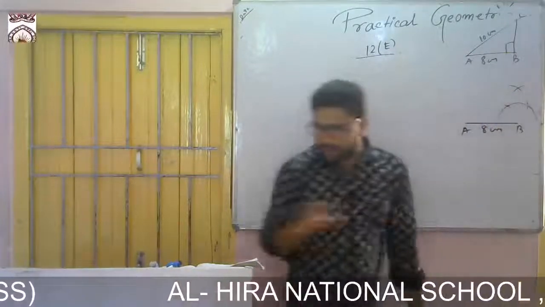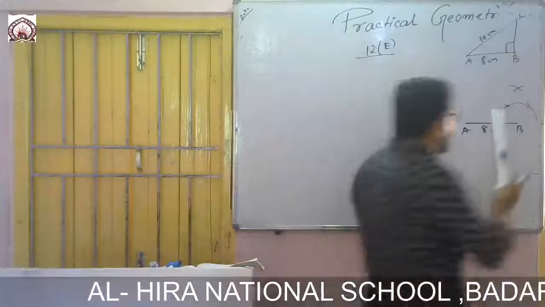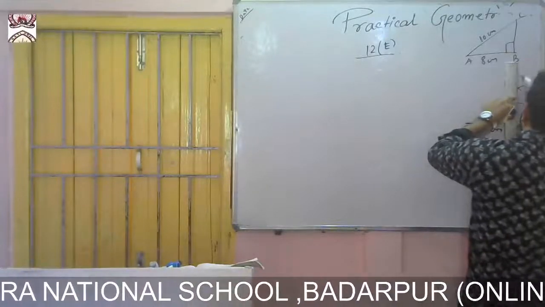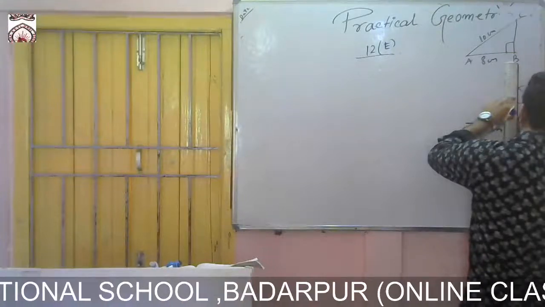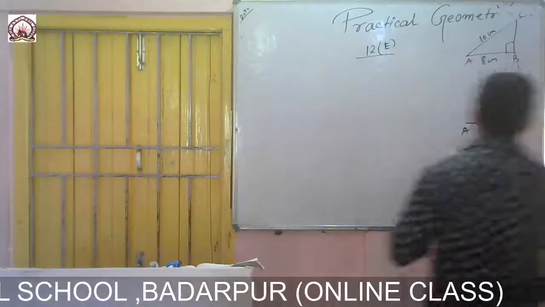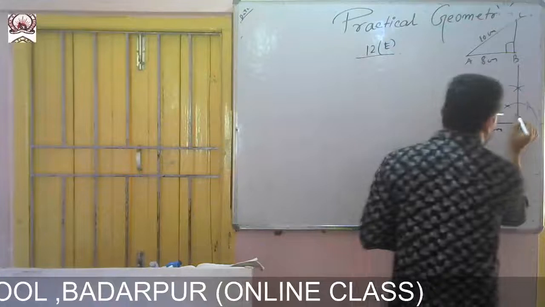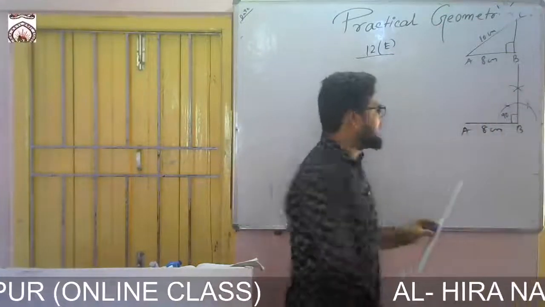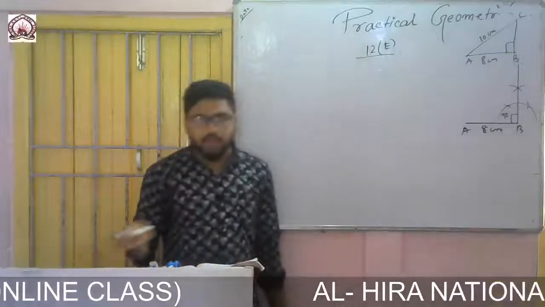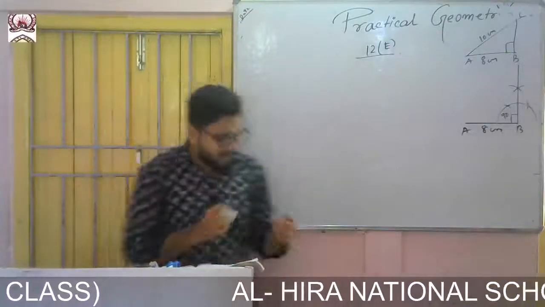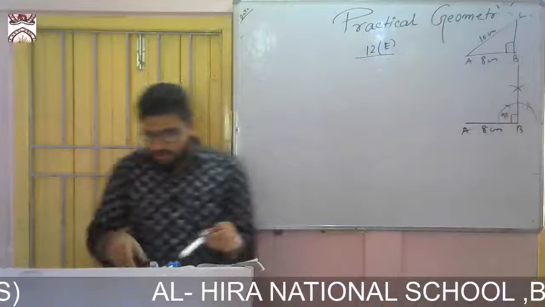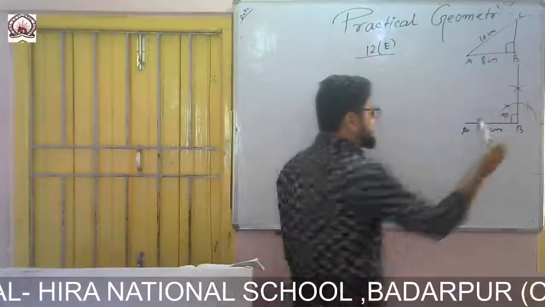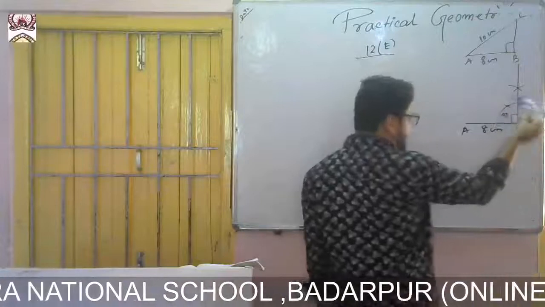Join this one and this one. This is the perpendicular, I have done 90 degree using a compass. First I have taken the compass, and with a convenient radius I have drawn an arc.